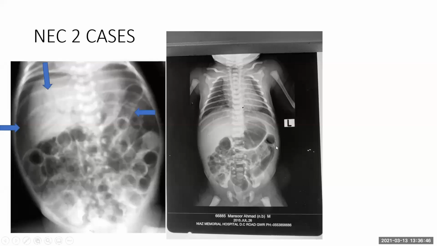This was no perforation as yet, but you can see these linear lucencies in the bowel wall. And there's no free air at this point in time. The bowel is dilated and filled with air right up to the rectum. This has ileus and this has air in the bowel wall. So we should be able to detect these cases earlier, right?